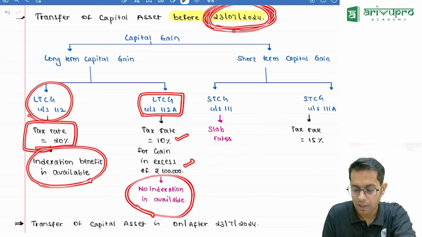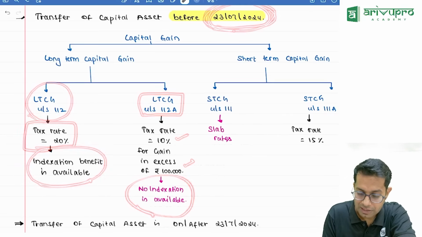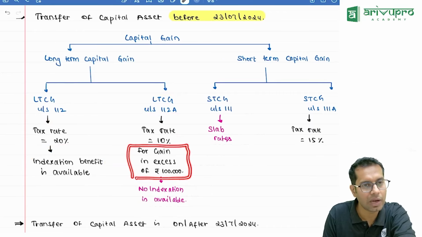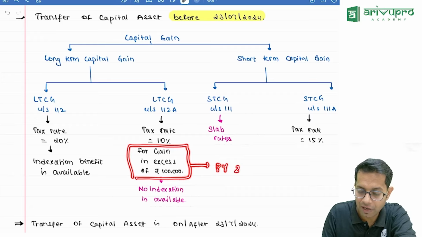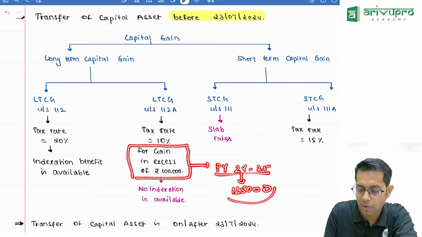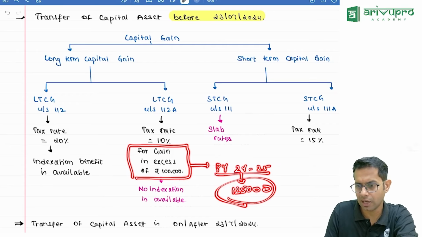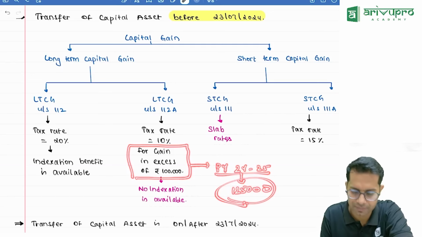Now please note, though we say for gain in excess of 1 lakh only you will have to pay the taxes, but because this will fall in the previous year 24-25, I will take the limit of 1,25,000. Why sir? I'll tell this point. Okay, remember this point. I'll come back to this point.